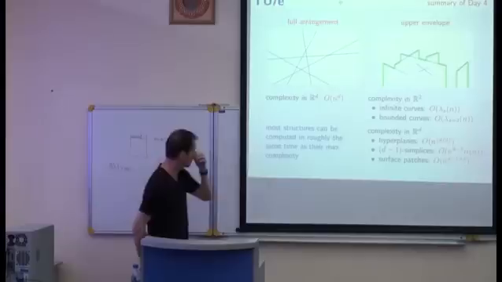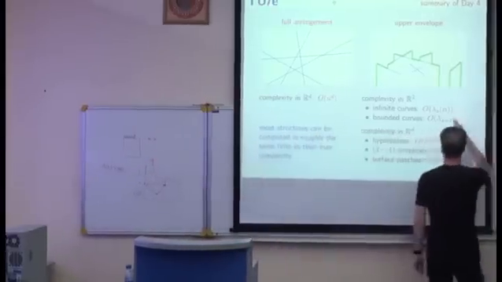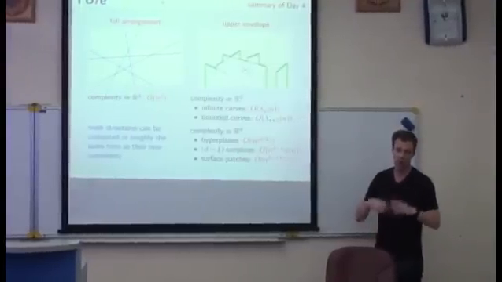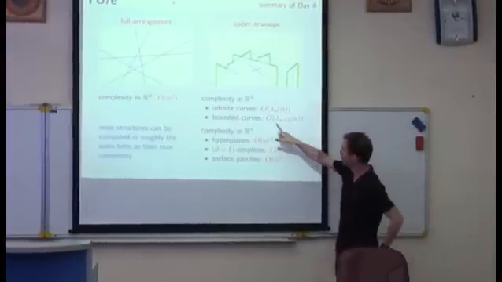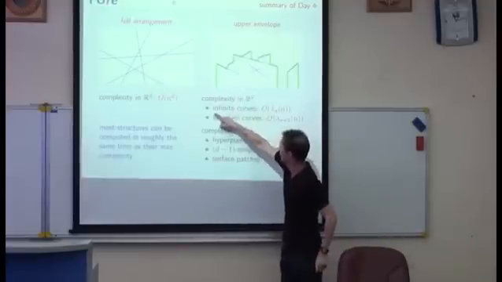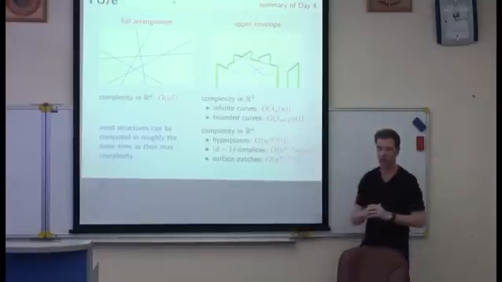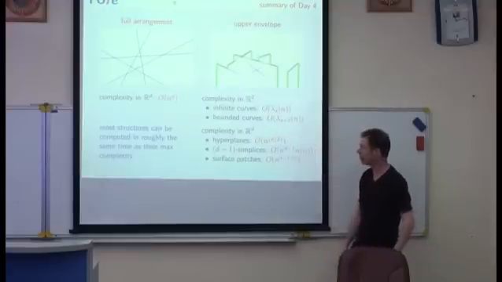So we looked at what an arrangement is. What we'll be mainly using today are these bounds on the upper envelope in 2 dimensions. If you have curves that are infinite, and they intersect at most s times, then this is the complexity of the envelope.